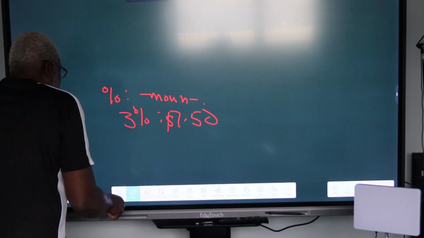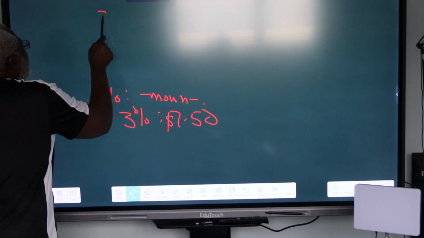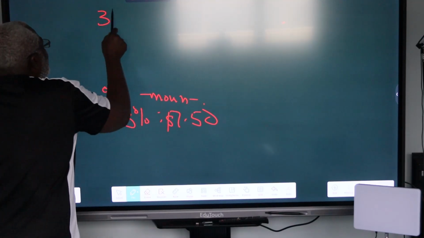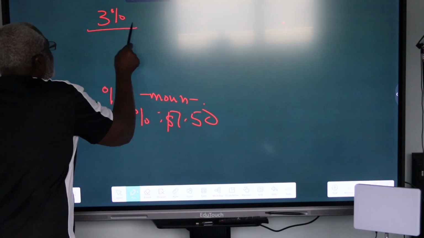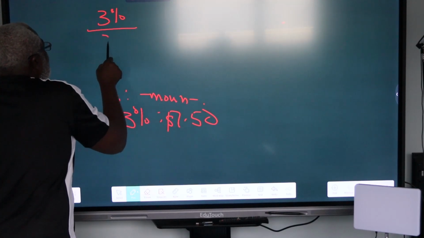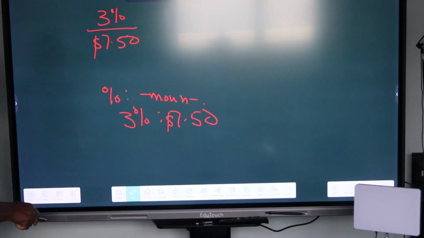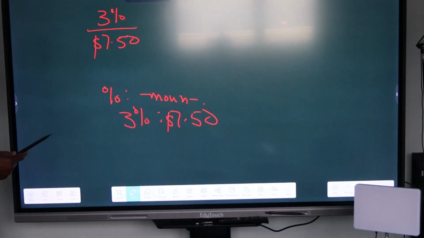So we are saying that 3%, let's write this in fraction now, 3% over $7.5. That is how the statement is actually saying. This is the ratio of percent to amount.